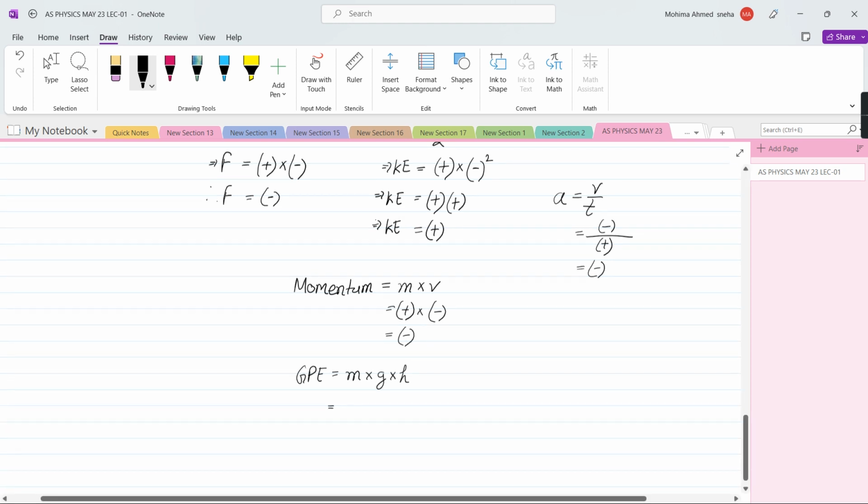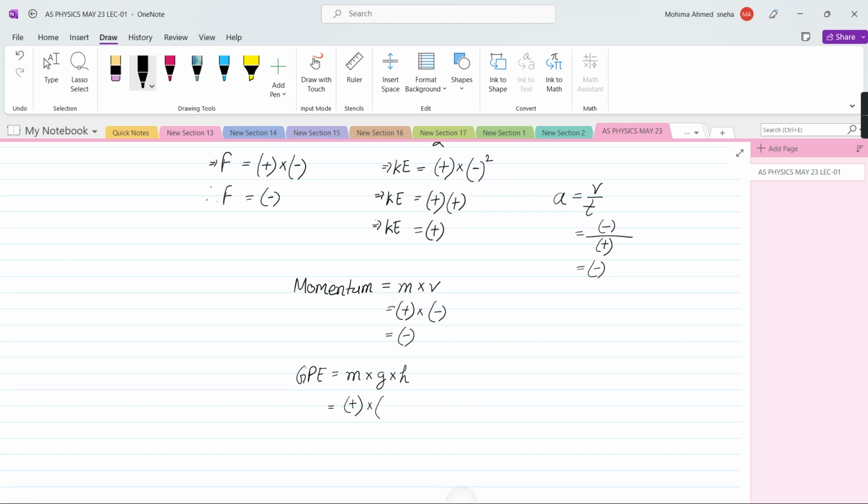Yes. Okay, so for mass we are using plus because it's a scalar quantity, and then you have to multiply it with gravitational acceleration. We have seen that it will be negative. And for height, for this specific GPE, we always refer to the directions of height. Here the height doesn't represent distance but displacement, and we have already seen that displacement is indeed a vector quantity.